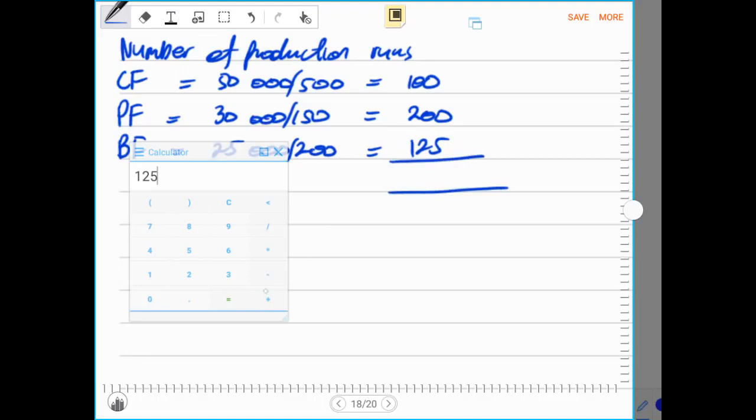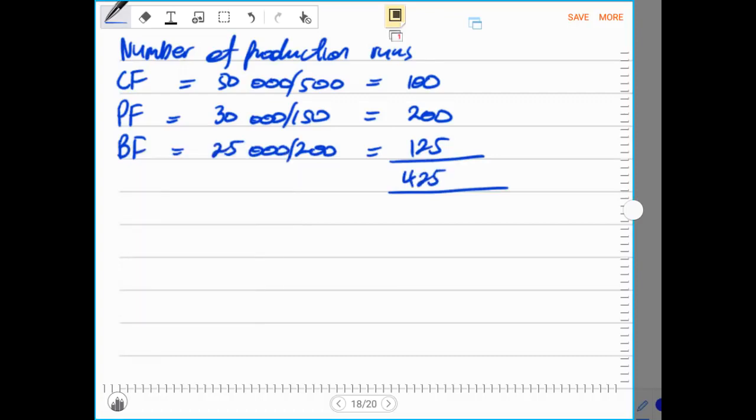So we have 100 plus 200 plus 125, which is 425. These are the total runs: 425 runs.